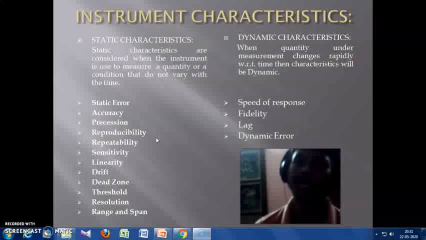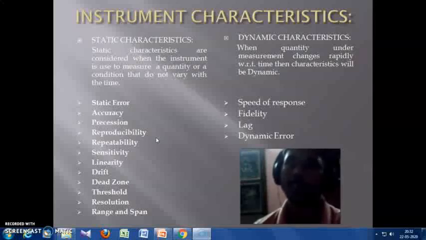But obviously there will be some dead zone, and a threshold will be there, because to operate the indicating instrument we need some force to operate or deflect the pointer. So we need some minimum amount of force, and that's why there will be some threshold, and we have to minimize that.